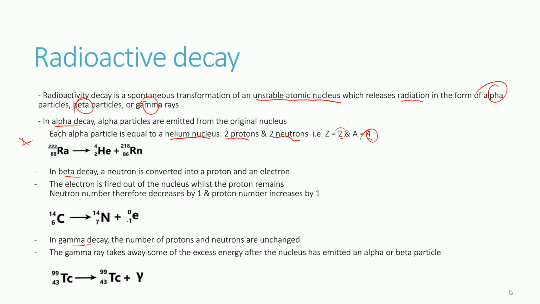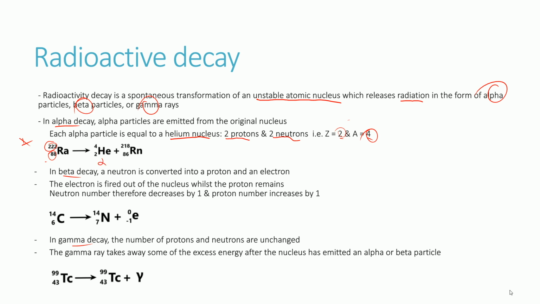So basically this here represents alpha decay. You have an original mass of 222, an original proton number of 88. In alpha decay, you have the emission of an alpha particle, which is equivalent to a helium nucleus. So it's this one here, which is also alpha.